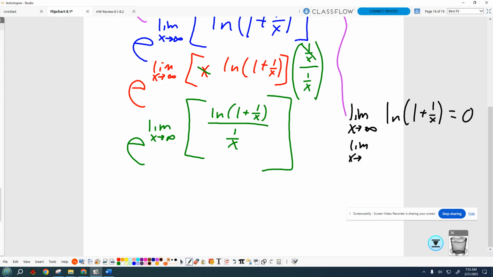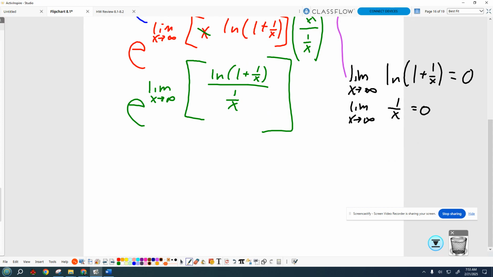Checking the denominator. L'Hopital's applies. So Nathaniel, what is the derivative of the numerator? 1 over stuff times derivative of stuff.